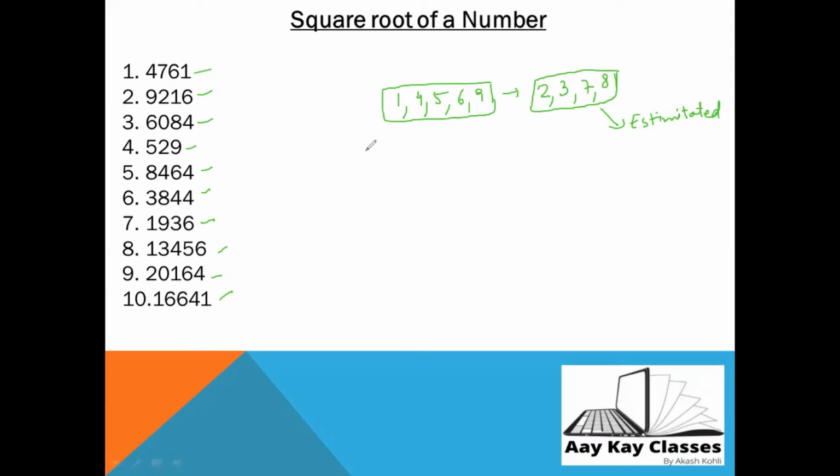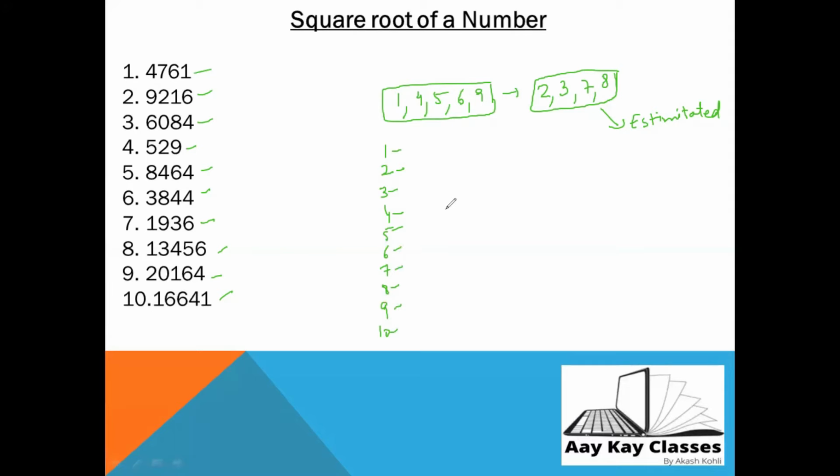First of all, I need to learn the squares of numbers till 10. If you are able to learn the squares of numbers till 20 or up to 30, that would be beneficial, because you need to learn the squares first, which you can find using the method I told you in my previous lecture.